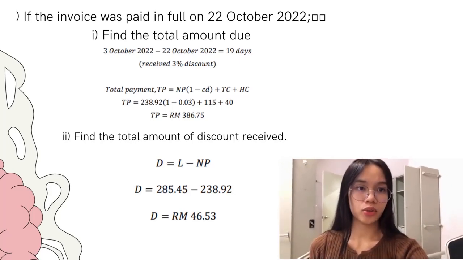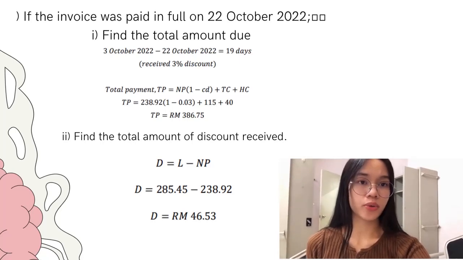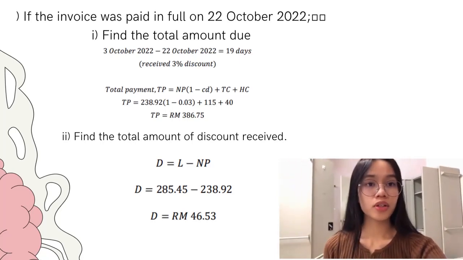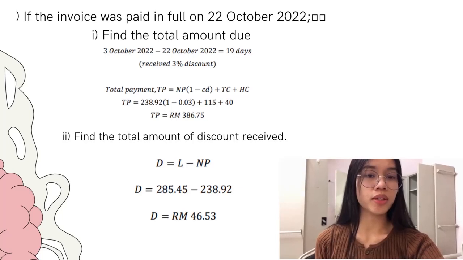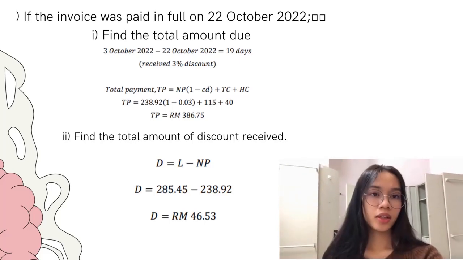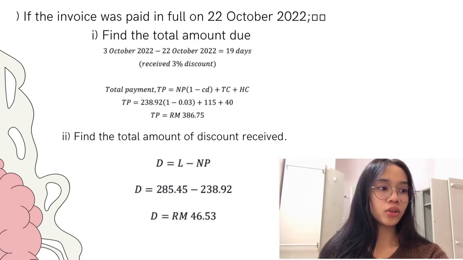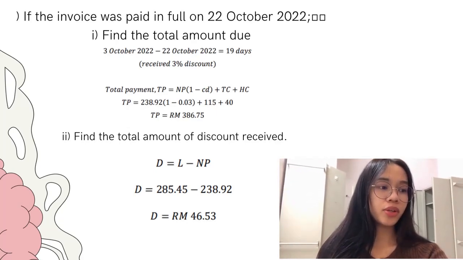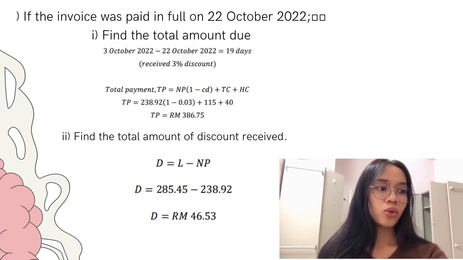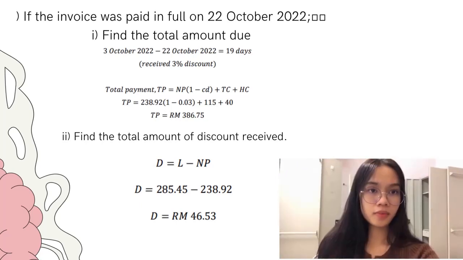Next is question D2, which is to find the total amount of discount received. For this question, I'll be using the formula discount equals list price minus net price. In order for me to get the list price, I had to total up all the list price per unit, and I get 285 ringgit 45 cents.